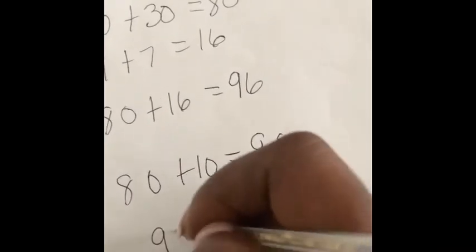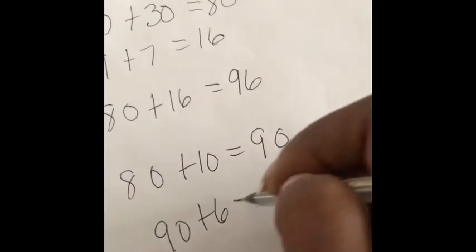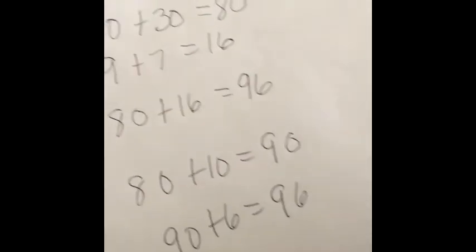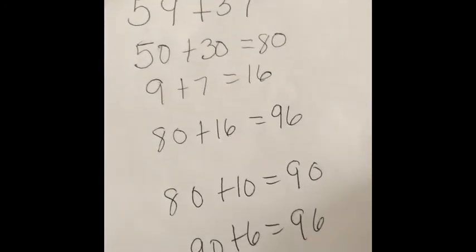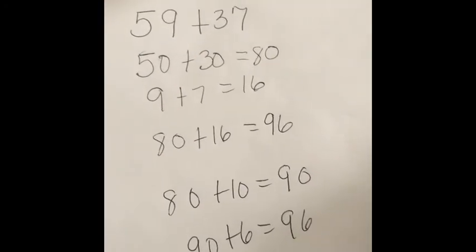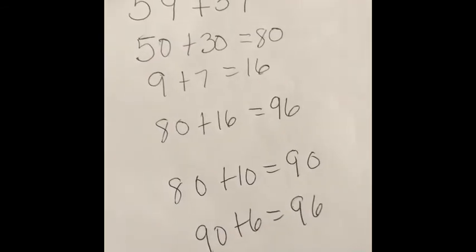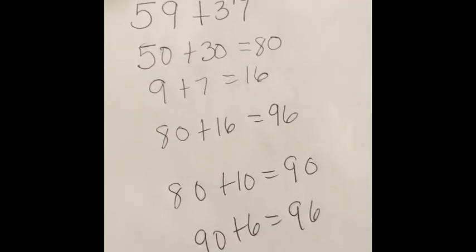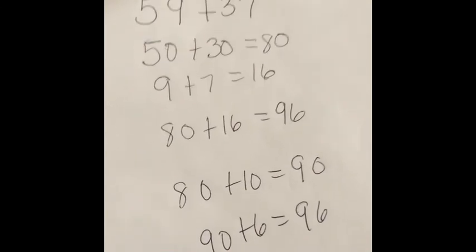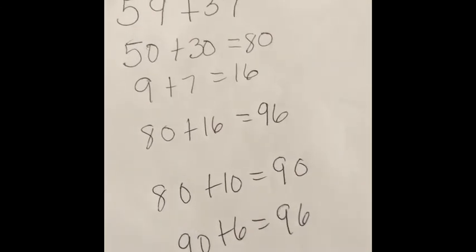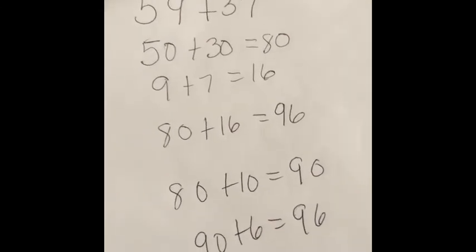And then 90 plus 6 more equals 96. So even if they need to take that extra step, that is fine. This is just solving the problem using what they've already learned, using those tens and those ones, helping them with place value, helping them see those numbers, and to use things that are easy and familiar to them to solve the equation.